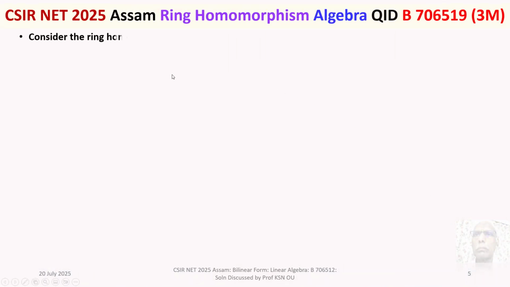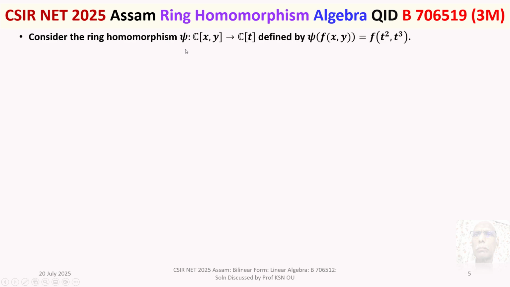Right. The given question is, consider the ring homomorphism psi from C[x,y], a polynomial ring in 2 variables with coefficients coming from C, to C[t].